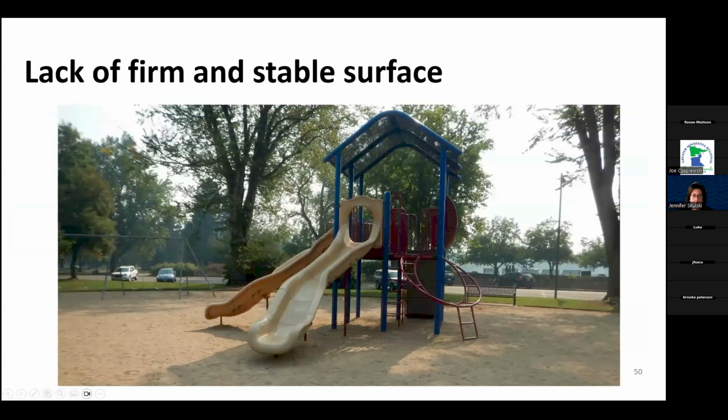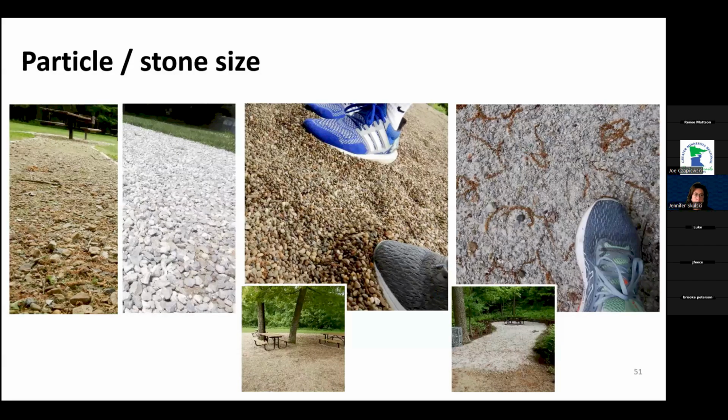And then other types of surfaces that might not be considered firm and stable. Definitively, we know from case law that sand is not considered a firm and stable surface. We also know that particle size affects the usability of the surface. On the far left side, those first two pictures, you would have large stone surface.